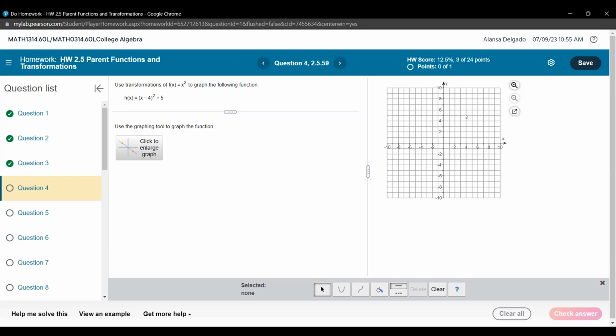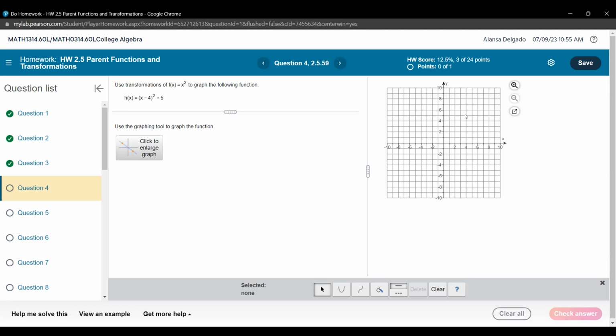What's going to make that 0 is 4, not negative 4. Negative 4 minus 4 is negative 8, and that squared is 64. It's not 0. So to get the x value of the vertex, you have to figure out what number for x will make x minus 4 zero.